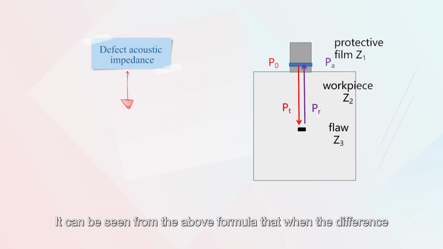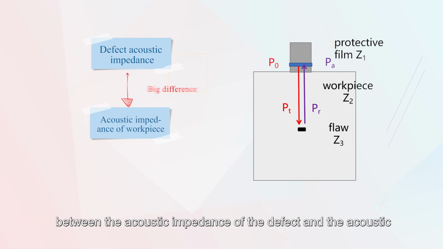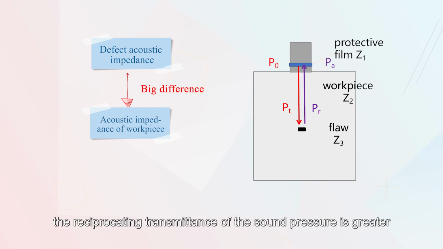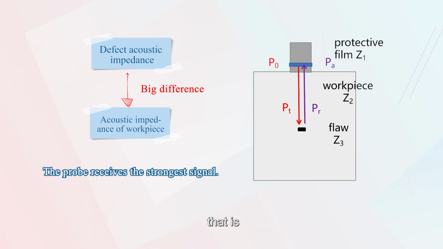It can be seen from the above formula that when the difference between the acoustic impedance of the defect and the acoustic impedance of the workpiece is greater, the reciprocating transmittance of the sound pressure is greater. That is to say, the probe receives the strongest signal.